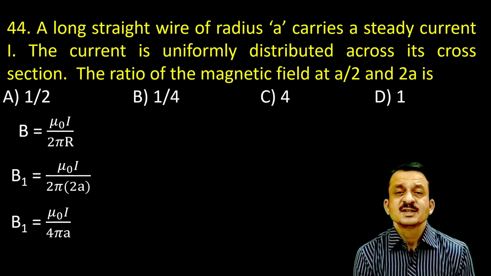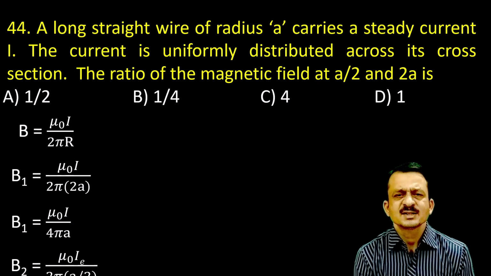Now the second case is the point is inside the conductor. Therefore inside the conductor the current has to be decreased, because according to Ampere's circuit law, if you draw a loop at A by 2, it encloses a lesser amount of current. First we have to work out what is the current enclosed and then substitute in the value.